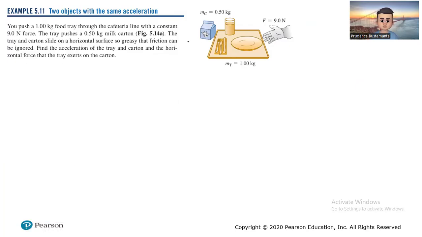Let's assume that in this direction is our positive x-axis. Let's draw the free body diagram, the tray first.